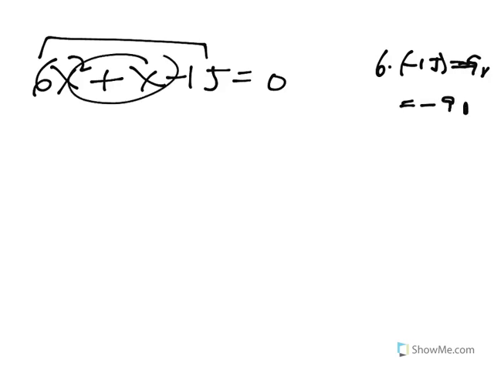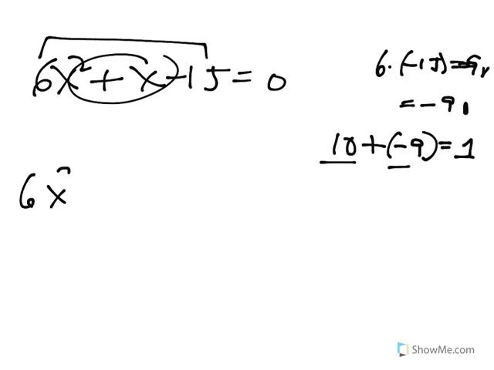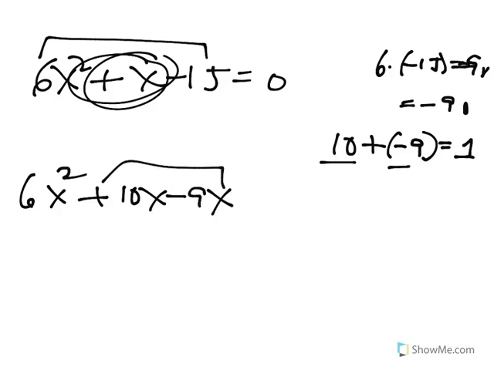Then we look at this plus 1 here, and we think what two numbers add up to 1 but have a product of negative 90, and it's 10 and negative 9. And what we do is we take this middle term, the plus x, and we rewrite it as plus 10x minus 9x. We keep the minus 15 from here.